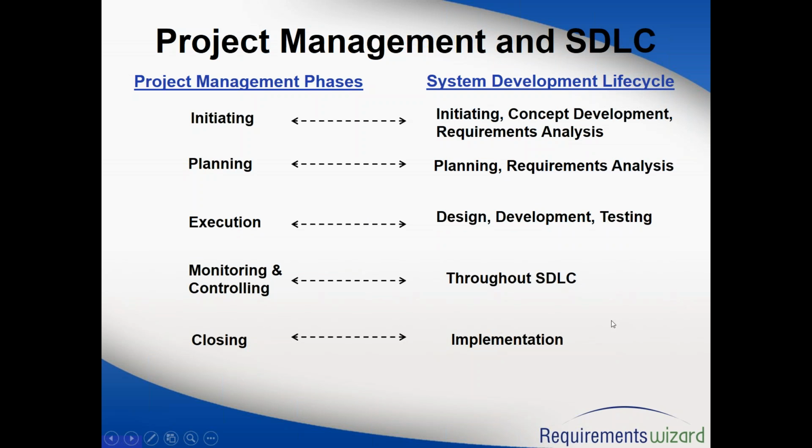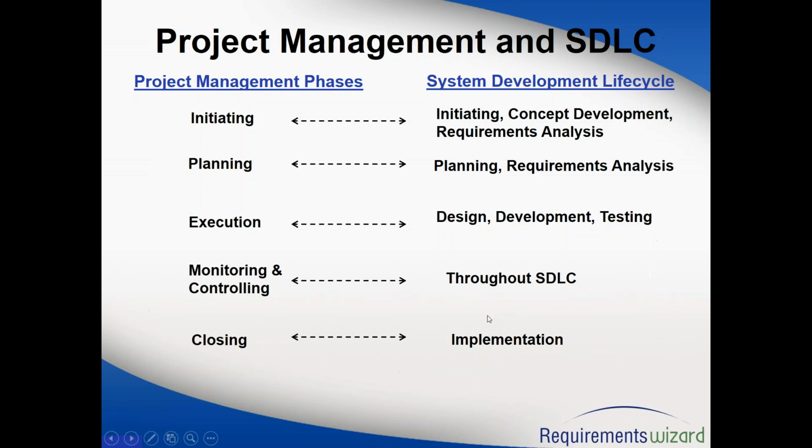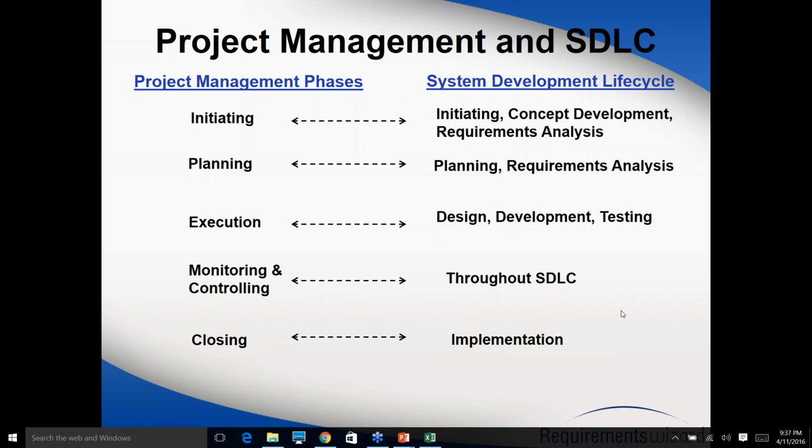And the closing means you are rolling out the system, deploying it. Yeah, it makes sense. There were things like fishbone diagrams in project management. I think we will come to that, don't worry. I just wanted to know the similarity between these two things. Right, so this is exactly what you are referring to.